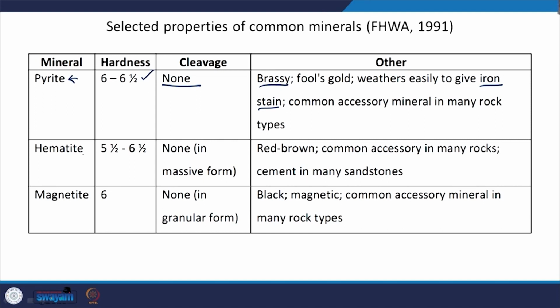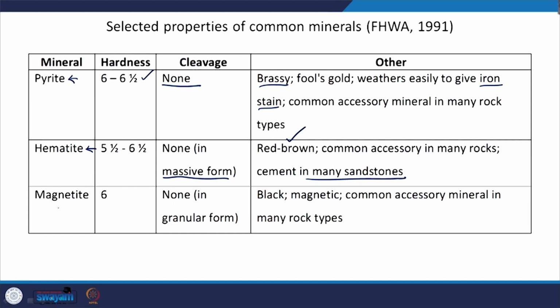Then the next one is hematite, which has hardness between 5.5 to 6.5, and when it is in the massive form, we do not observe any cleavage plane. The color is red brown. It is a common accessory mineral in many of the rocks and cement in many sandstones.